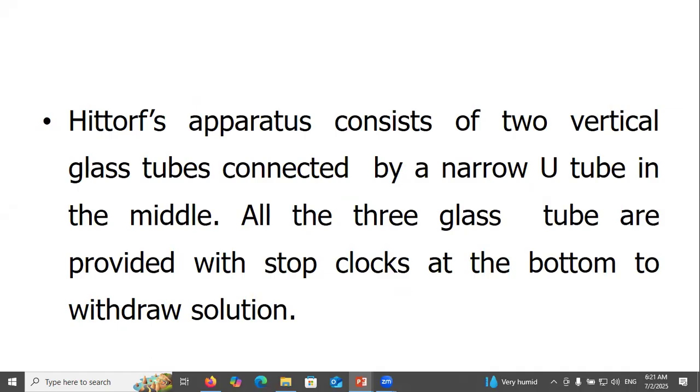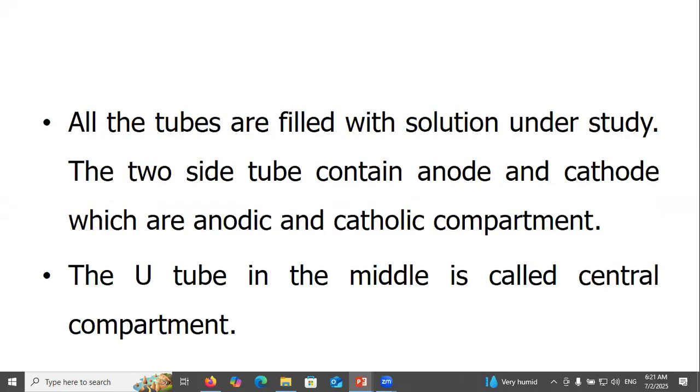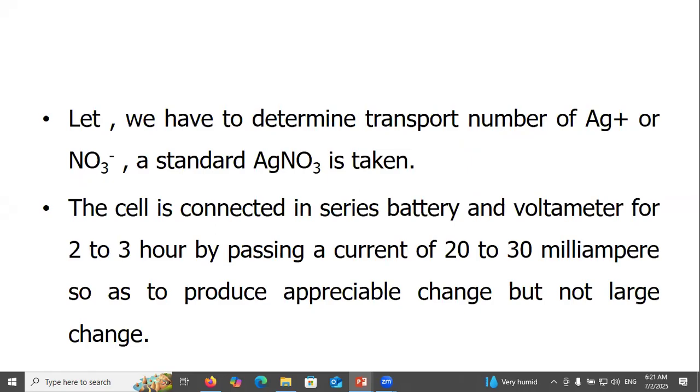All three glass tubes are provided with stopcocks at the bottom to withdraw solution. The two side limbs are provided with electrodes which may be attackable. All the tubes are filled with the solution under study. The two side tubes contain the anode and cathode, which are the anodic and cathodic compartments. The U-tube in the middle is called the central compartment.